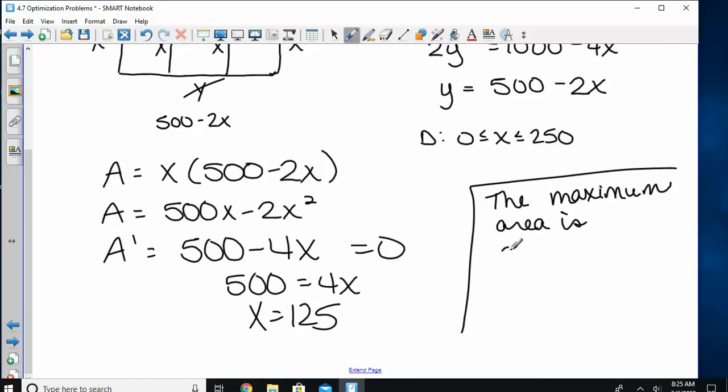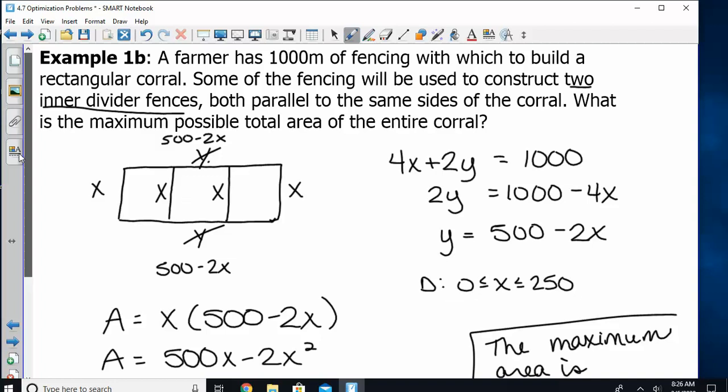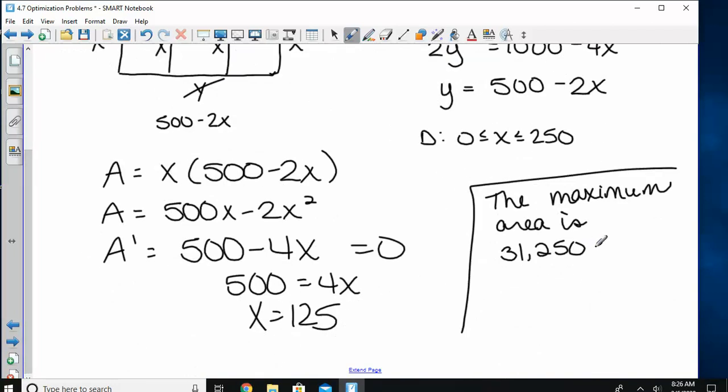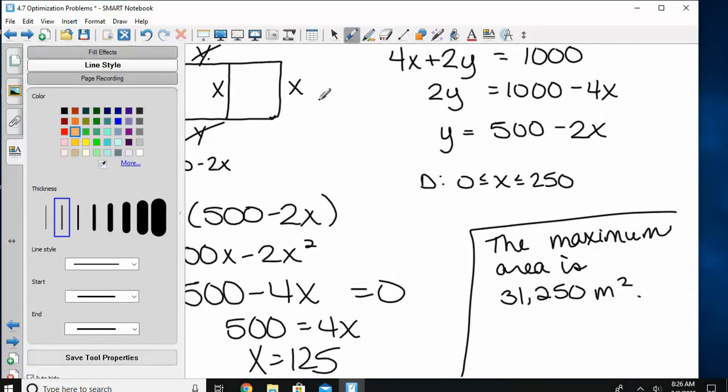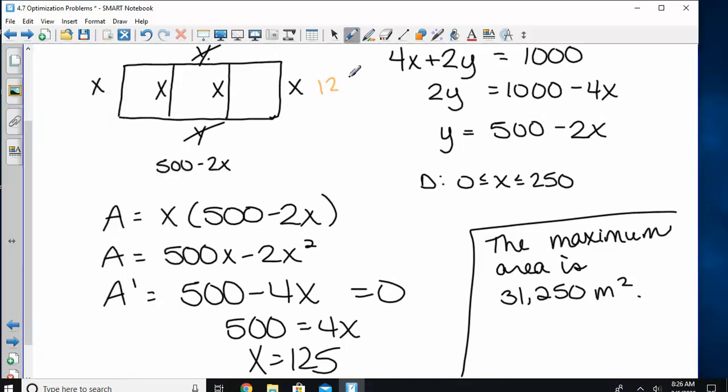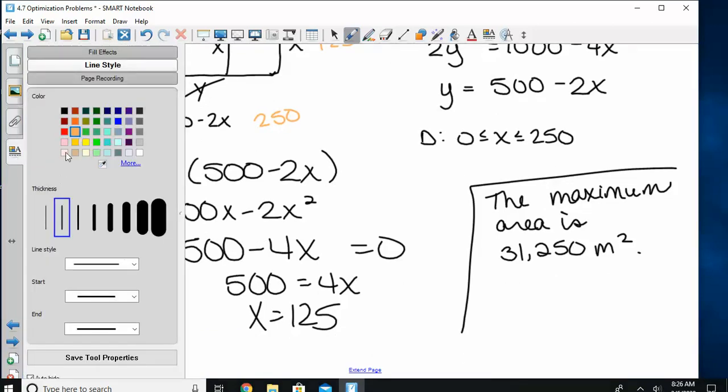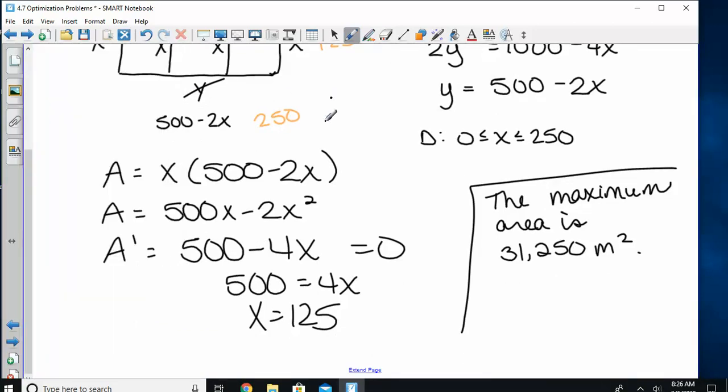Yeah, 31,250. We're in meters, square meters. Because if you go to plug this in, this side is 125. So 500 minus 2 times 125 is 250. So 125 times 250. Yes.